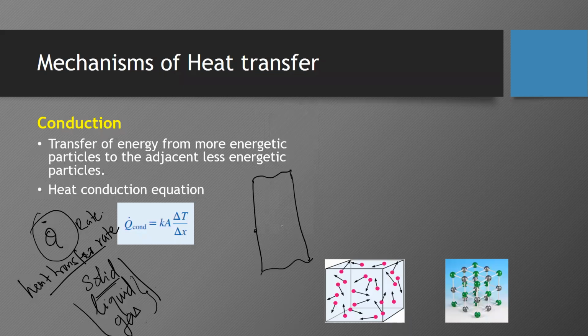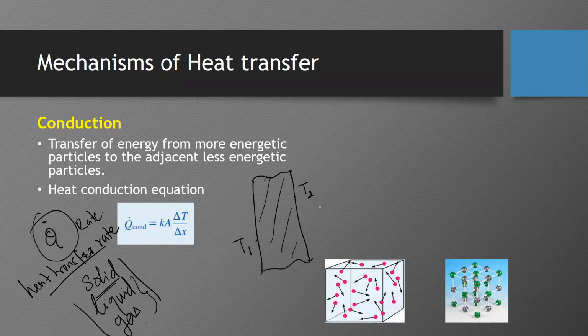If there's a temperature difference, heat transfer will occur. So on this wall, this side is temperature 2 and this side is temperature 1. Let's say this is a cross section of a wall, or your room wall, whatever.